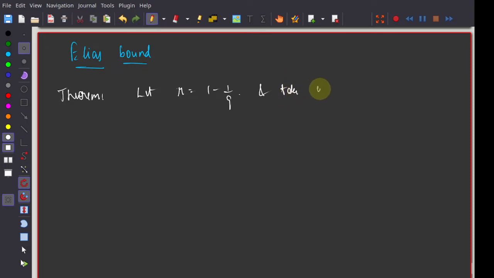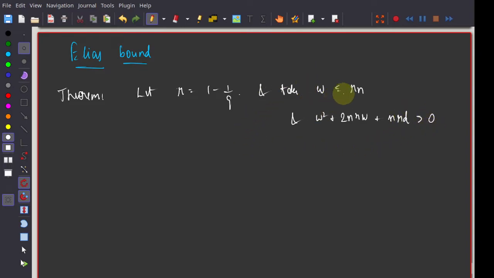Take any w which is less than or equal to r times n, and w square minus 2nrw plus nrd greater than 0.